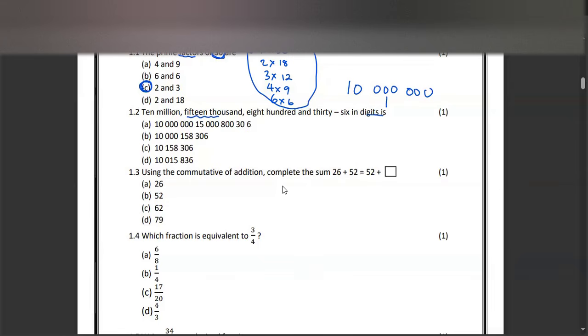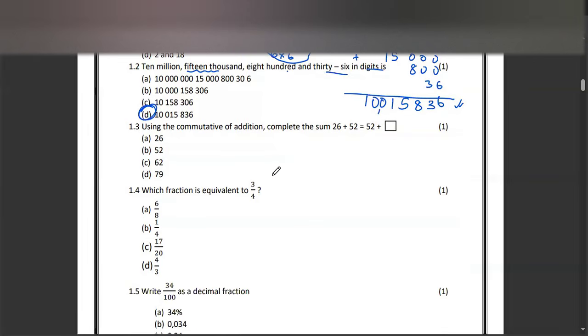So 15,000 is going to be somewhere there, plus the 800, and then we have the 36, and then you do the addition. So it's a 6, it's a 3, that's 8, that's a 5, that's a 1, and then 2 zeros, then a 1. So 10,015,836. So do we have an answer like this? 10,015,836. Option D is the best.